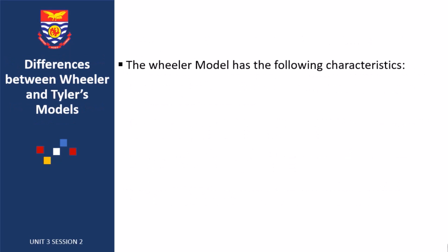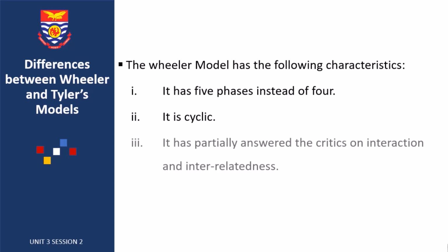Now let's look at the differences between Wheeler's and Tyler's model. Wheeler's model has the following characteristics. We saw that Wheeler's model has 5 phases, unlike Tyler's model, which has 4 phases. And secondly, Wheeler's model is cyclic in nature. We saw that Tyler's model is linear, but Wheeler's model is in a cyclic form.